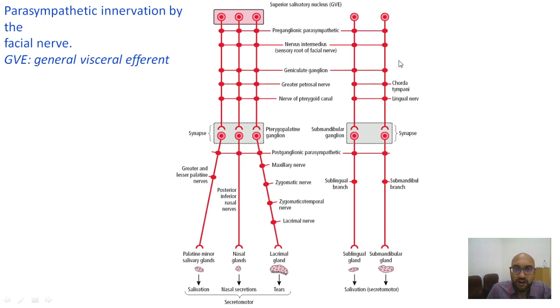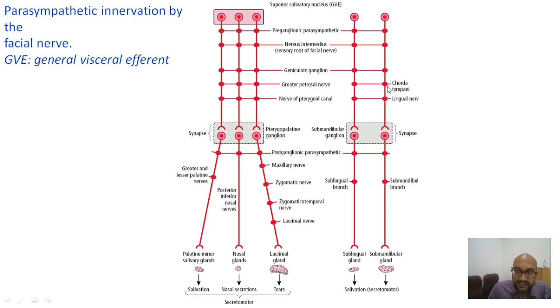Then they form the common facial nerve, and the common facial nerve has a geniculate ganglion. At the geniculate ganglion, nothing, no problem when it comes to the submandibular gland.